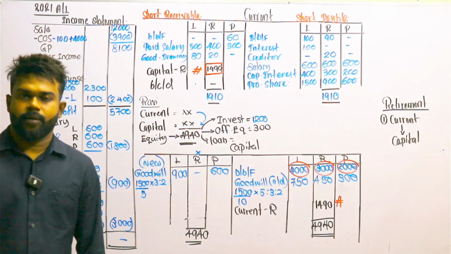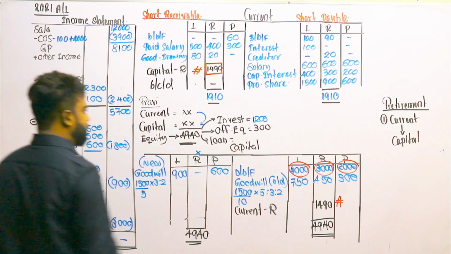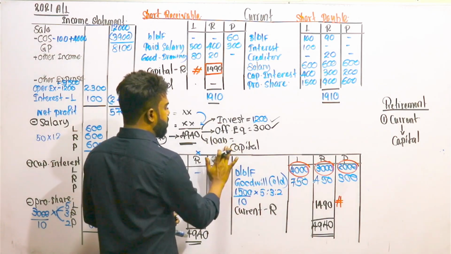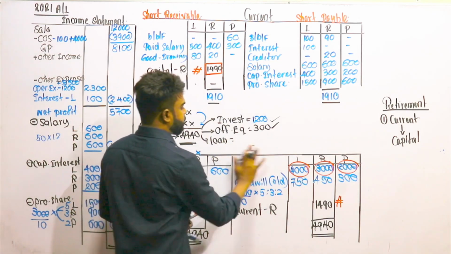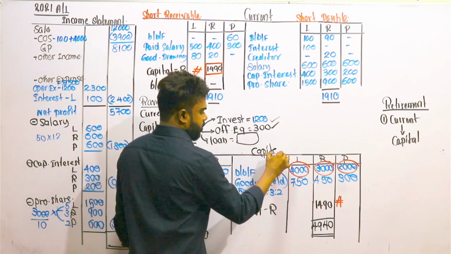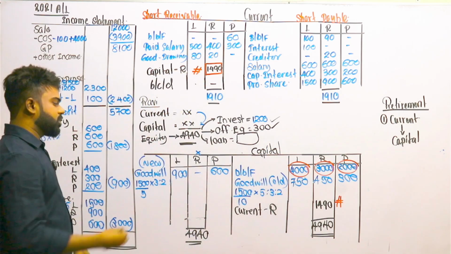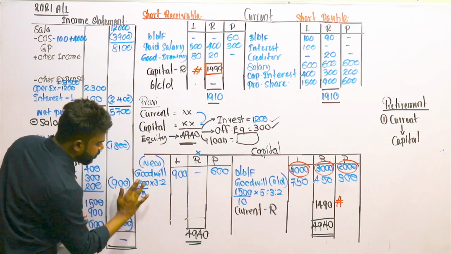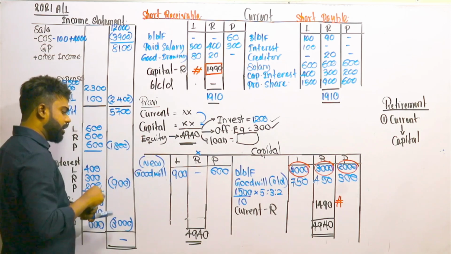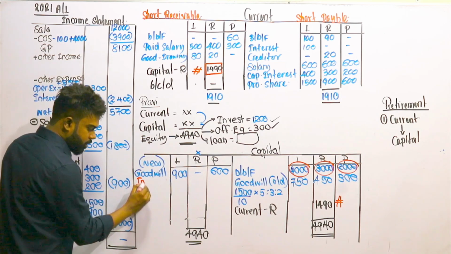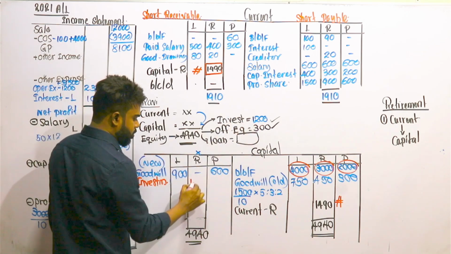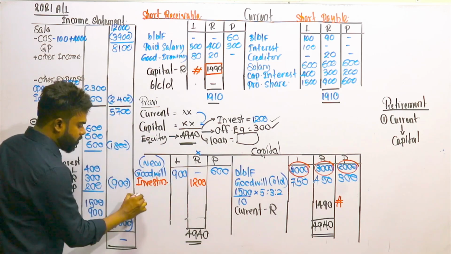Understood? Then make up the investment, office equipment, and you have to identify the loan balance. How much is the loan balance? When it is paid in cash, cash is credit here and debit, but when it is provided from investment, investment is credited and here it will be debit. Investment, how much? 1200. Next one, office equipment.